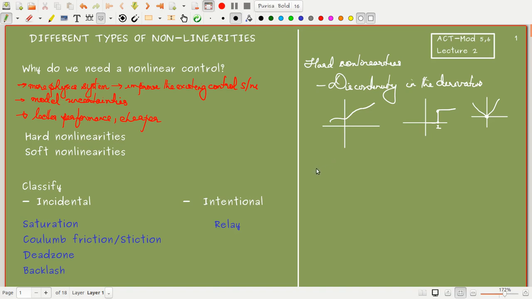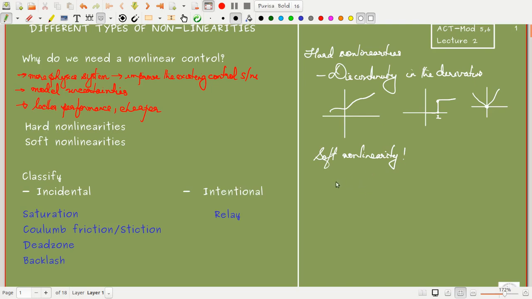Another kind of nonlinearity that we had neglected was the soft nonlinearity, for example e raised to at.